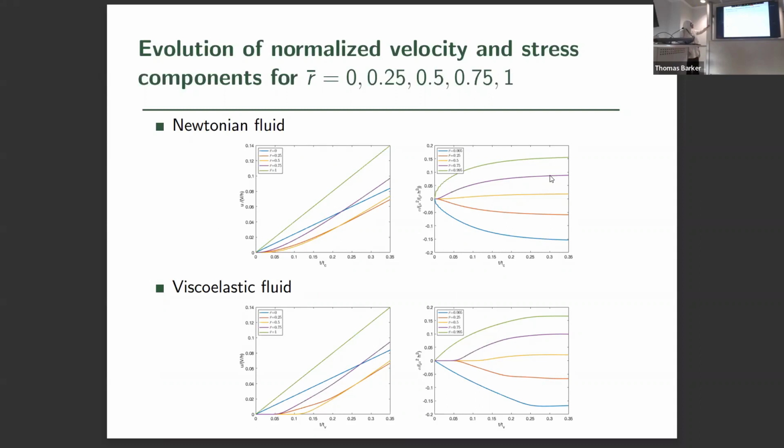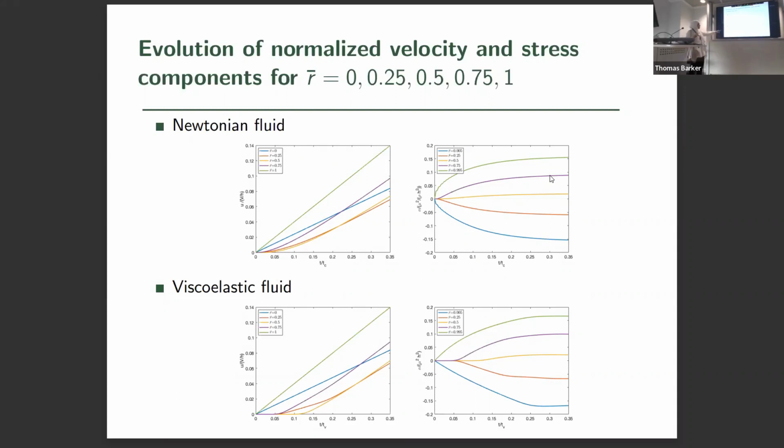This is because the outer cylinder rotates faster than the inner cylinder, and the same for the stress. For viscoelastic fluid, as we know, the relaxation time plays an important role. We noticed a slow momentum transfer from the wall to the fluid when comparing with the Newtonian fluid.